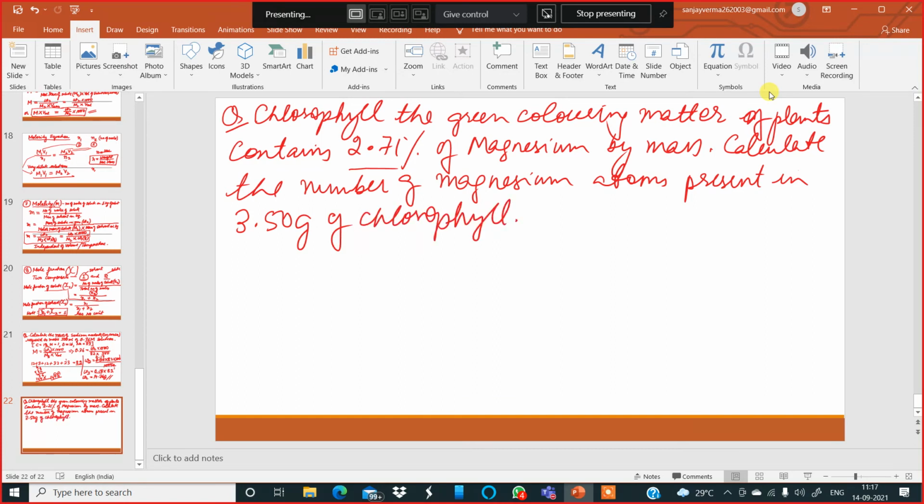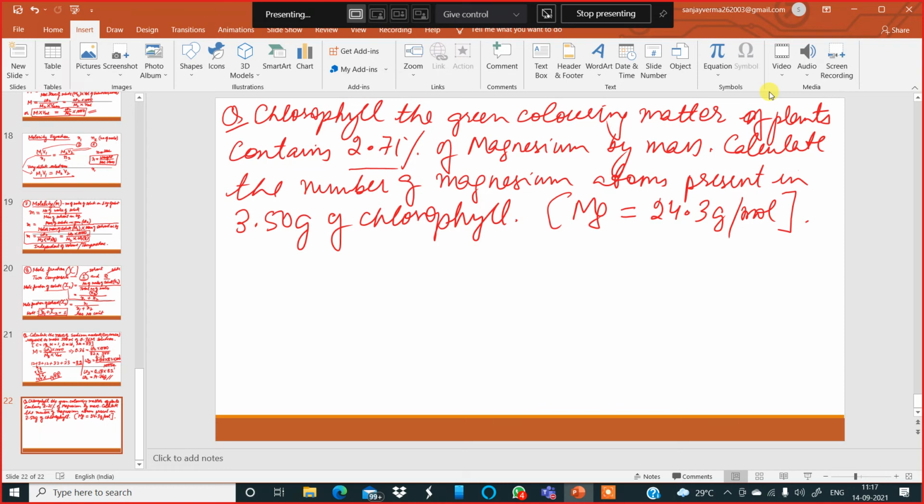That is the question. And the atomic mass of magnesium is given, use this value 24.3 grams per mole. Don't use 24 only. Use 24.3. So this is the question.